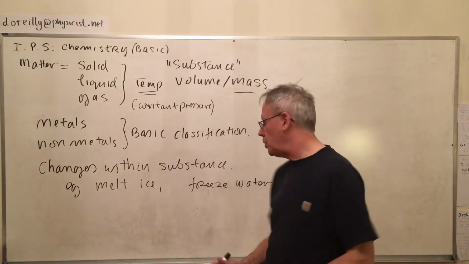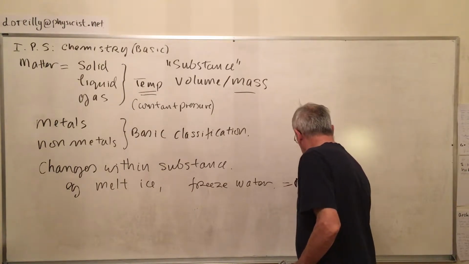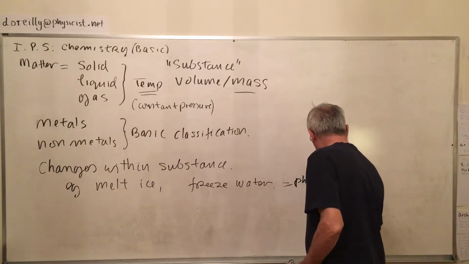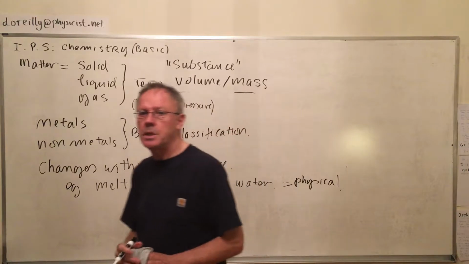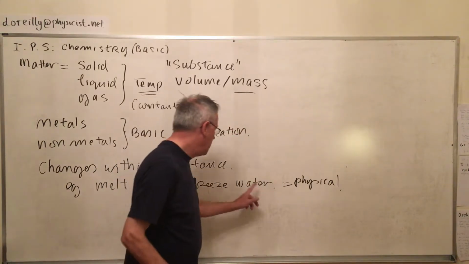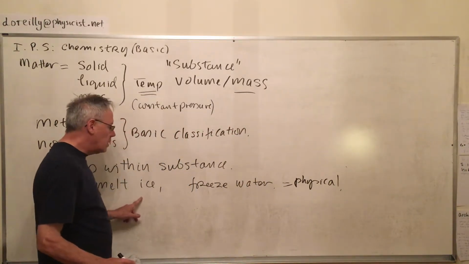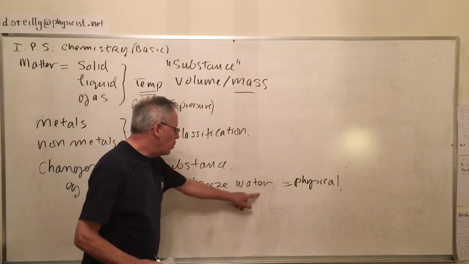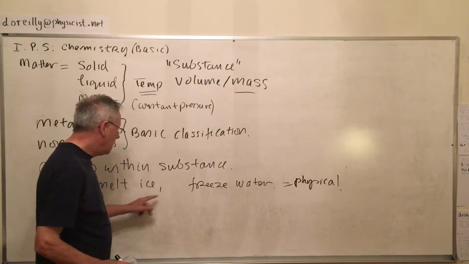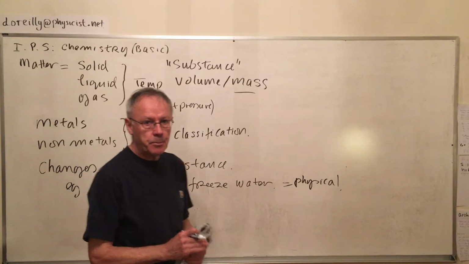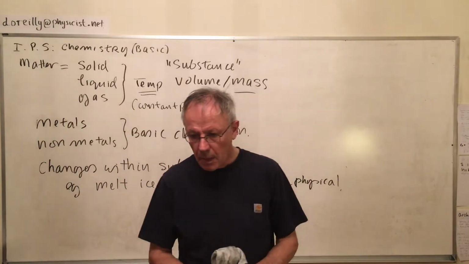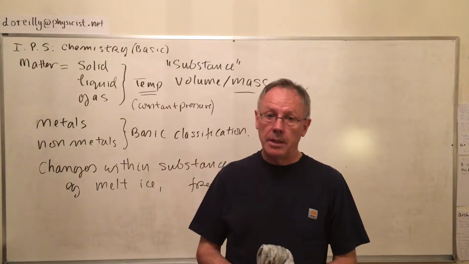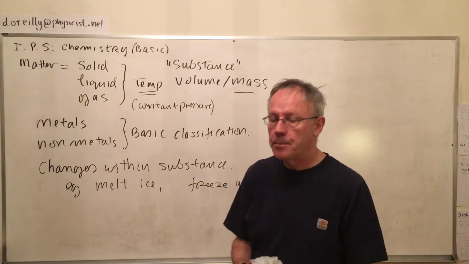That's a physical change. There is no change in the substance. We can retrace our steps. If we melt ice, we can also freeze water to get ice. Ice and water are the same thing, the same in essence. We can also make steam out of either of them if we heat them up a little bit higher.